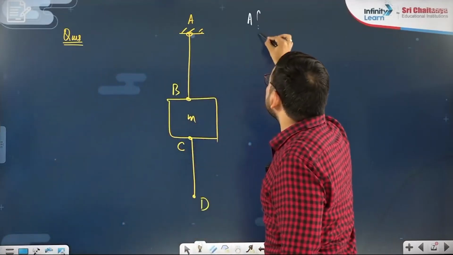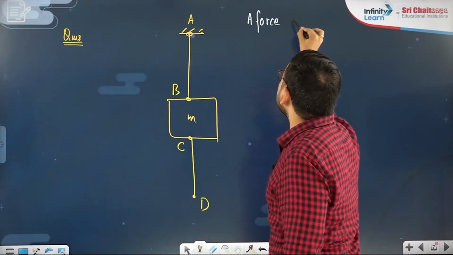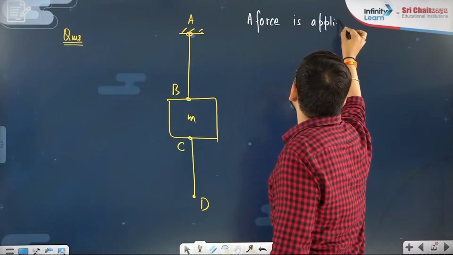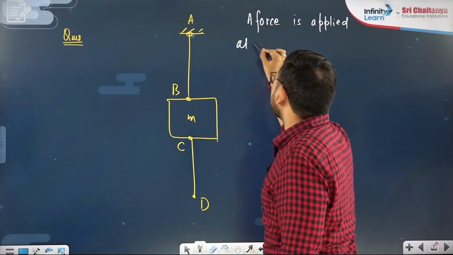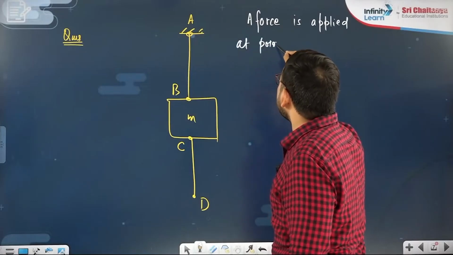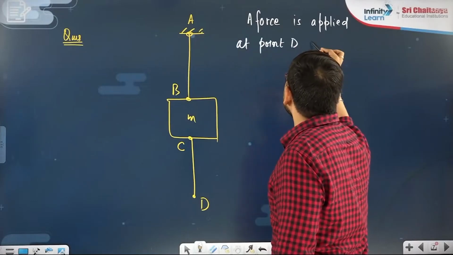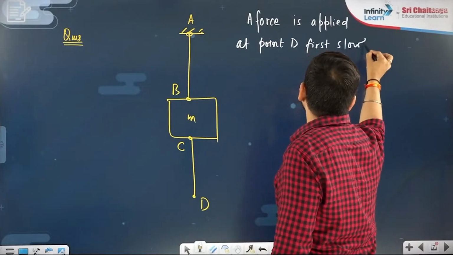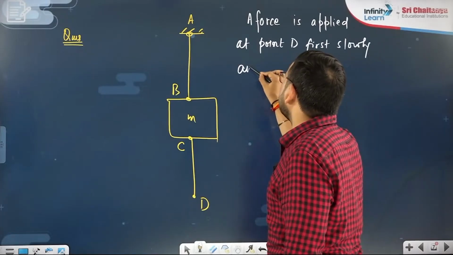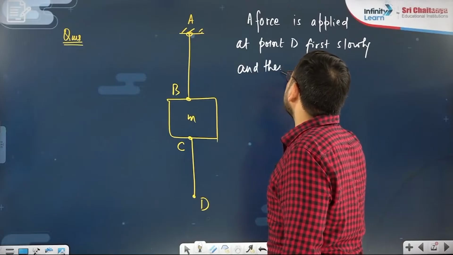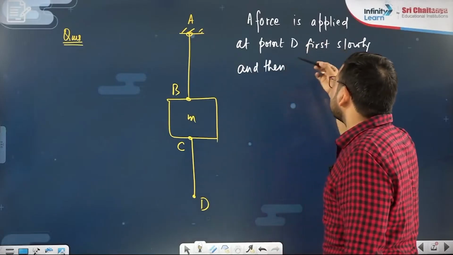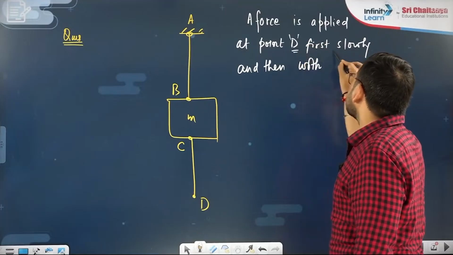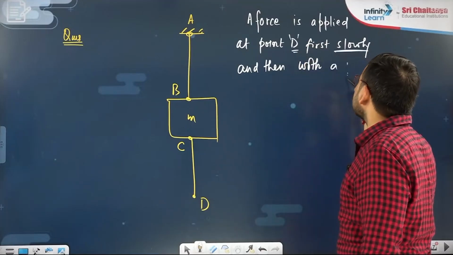A force is applied at point D. First slowly, and then with an impulse, means with a jerk. At point D, I am applying the force, first slowly, then with a jerk.